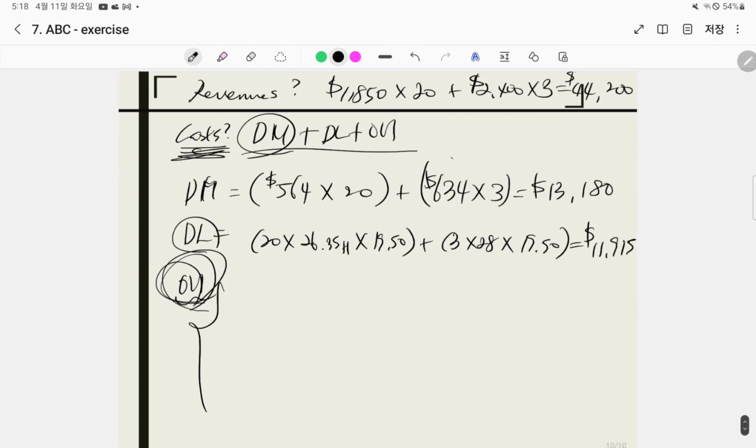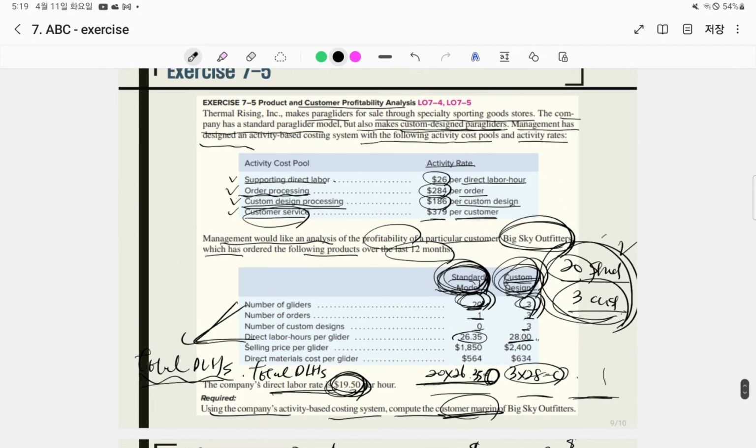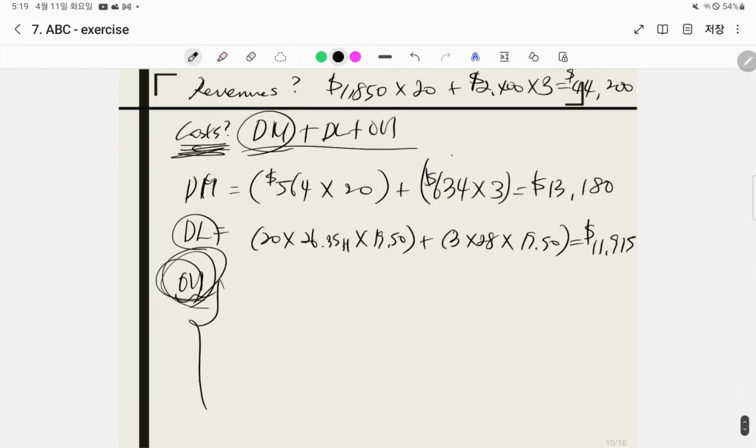So there are 4 types of overhead cost. Overhead costs are driven by 4 activities: supporting direct labor, order processing, custom design processing, and customer service.